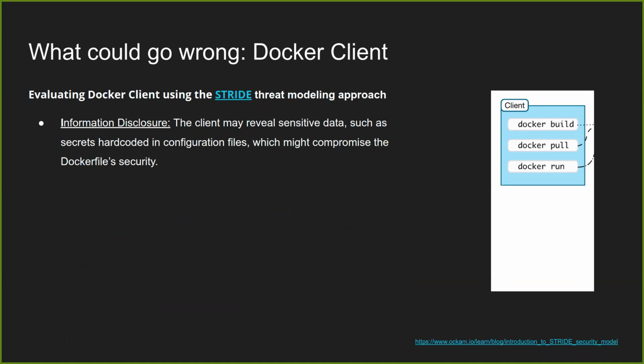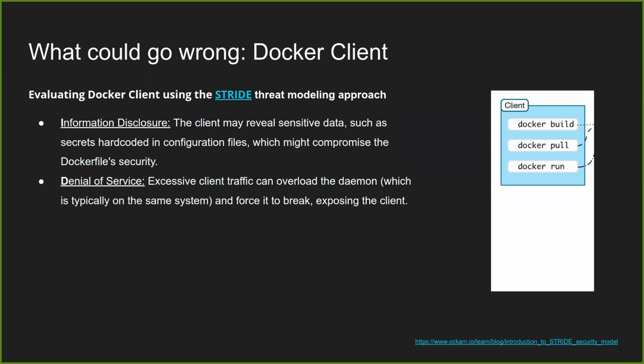I've seen instances where a user will have a Dockerfile and they committed their .env file that contains tokens and stuff like that. I've seen instances where that information is there in the wild, and obviously your Dockerfile has access to that secret file, and that compromises your Dockerfile security, right?